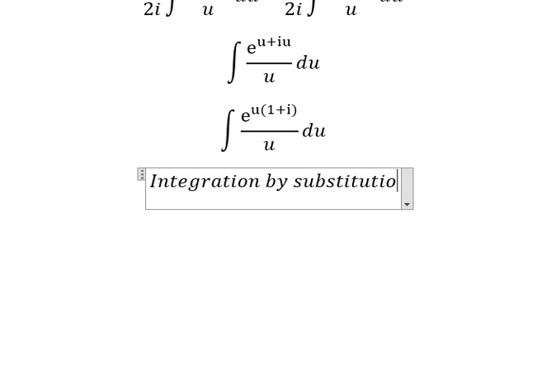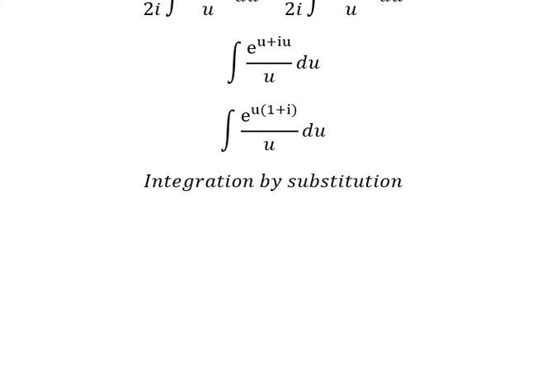by substitution. So I will put z equals u times 1 plus i. Because we still have u in here, we need to divide both sides by 1 plus i.